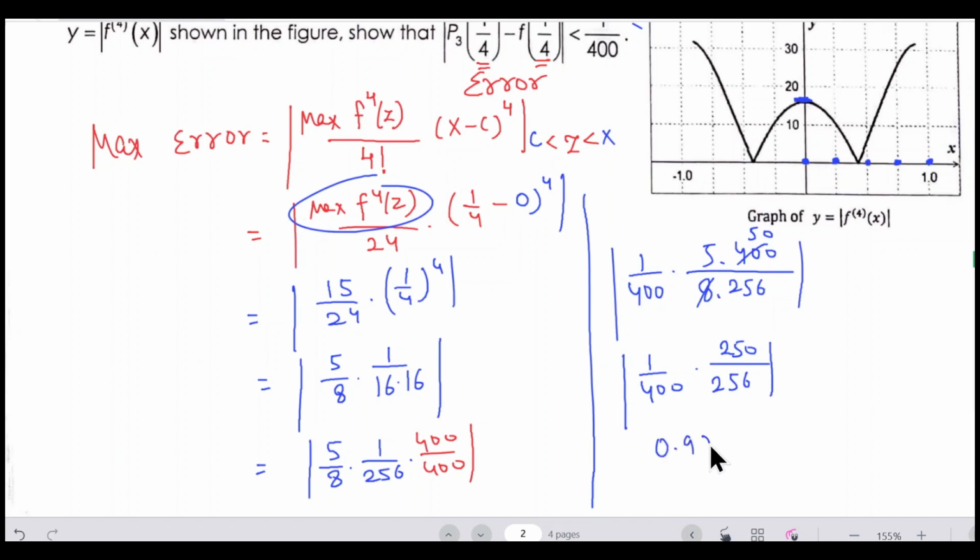So this is 0.97 over 400. And don't you think this is less than 1 over 400, because 0.97 is just increased to 1. So that's what we need to prove, and that's how we need to prove that after this point, I'm just going to say that this is also less than 1 over 400, which is exactly what we wanted to prove, that the maximum error is less than 1 over 400.